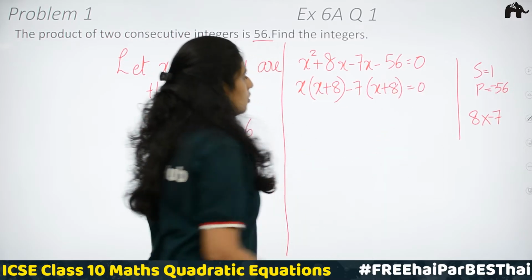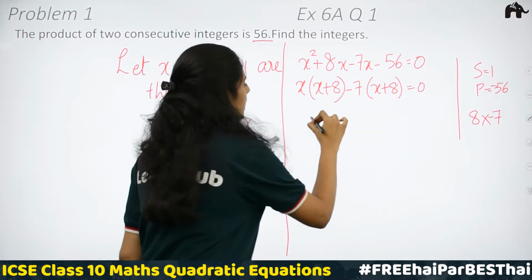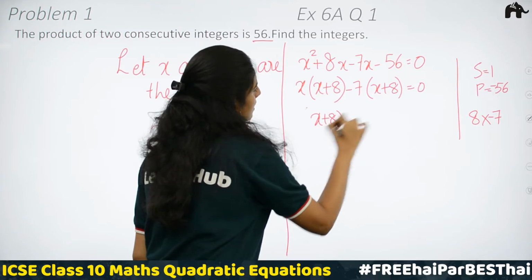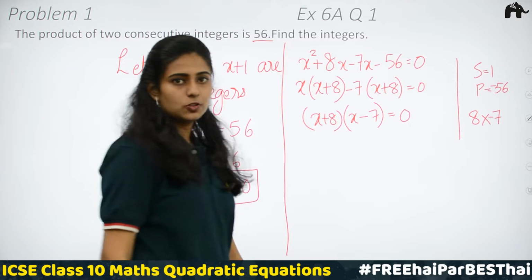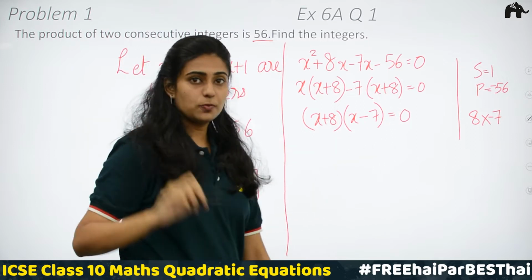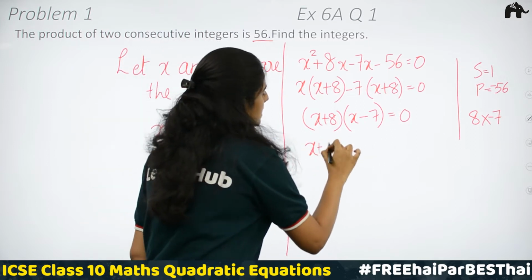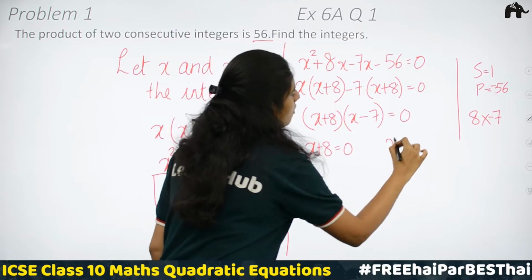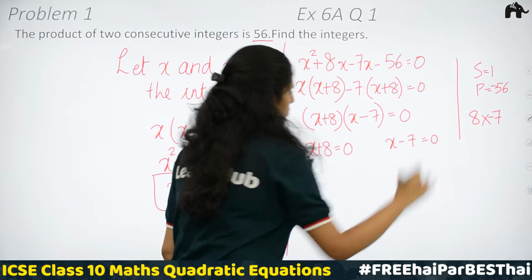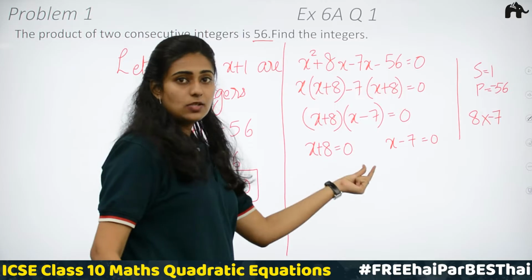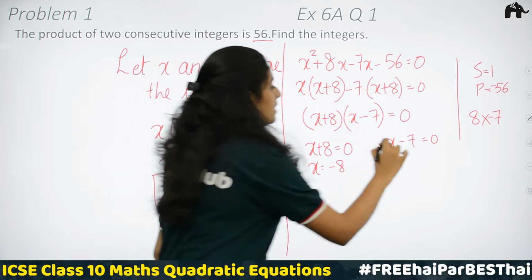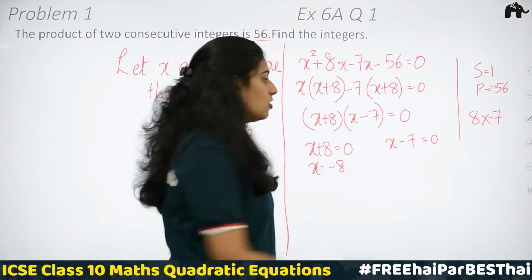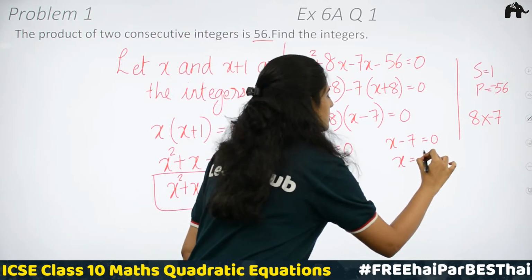Now x plus 8 is common, taking x plus 8 outside, remaining we have x minus 7, and that is equal to 0. According to the zero product rule, x plus 8 is equal to 0 or x minus 7 is equal to 0. If x plus 8 is equal to 0, then x is equal to minus 8. If x minus 7 is equal to 0, then x is equal to 7.